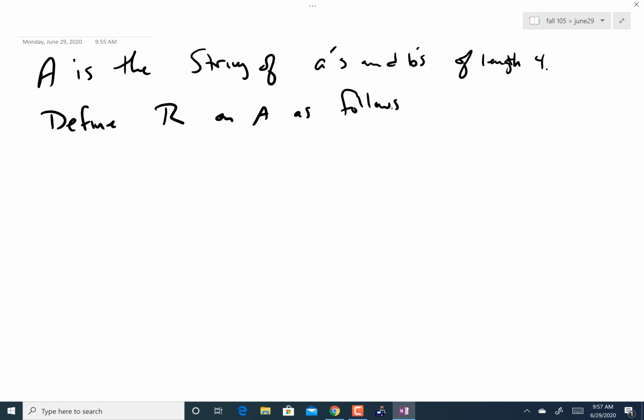For all S and T that are elements of A, S R T if S has the same first two characters as T.